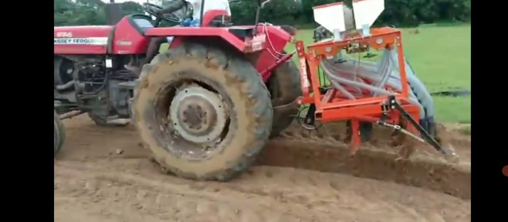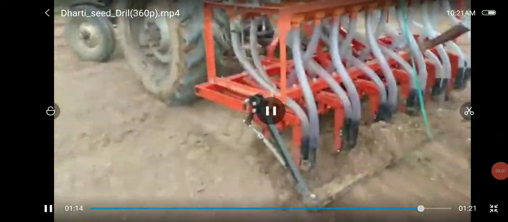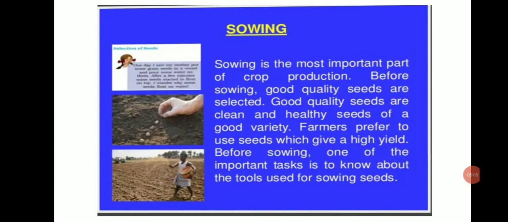And this seed drill machine is attached to the tractor. So this is about sowing of seeds. We have seen the traditional method of sowing seeds and at present how the seeds are sown.